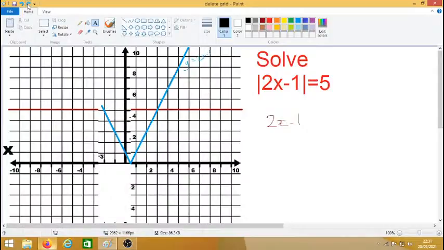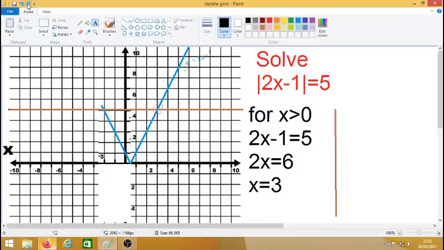Okay, next we circled the intersections, but then to find them using algebra, how did we begin that? Okay, you'll remember it's very easy to start off with. You just look for the cases where x is positive.